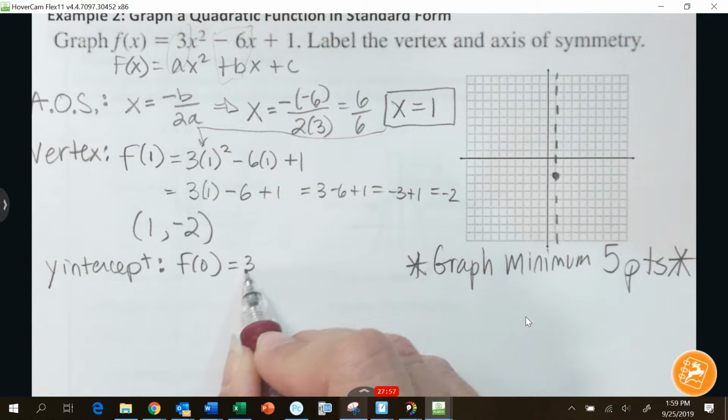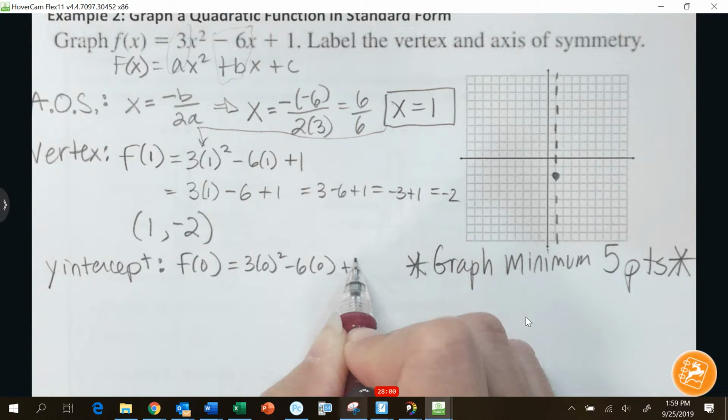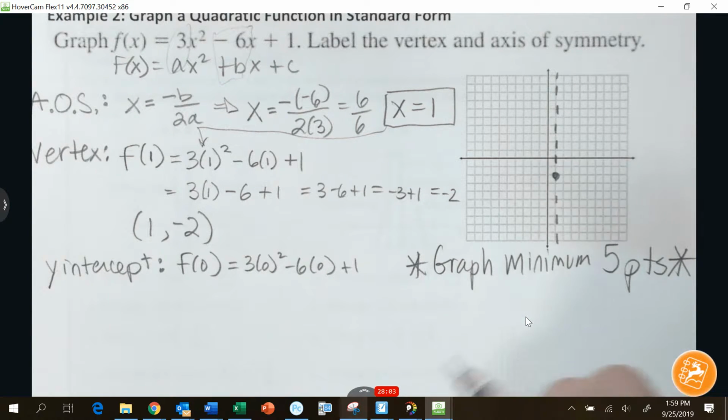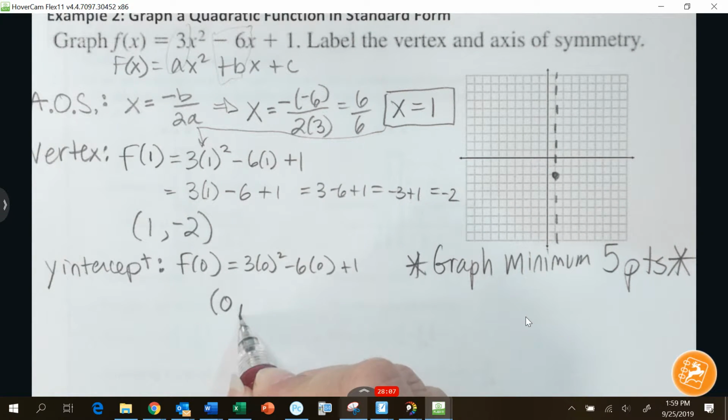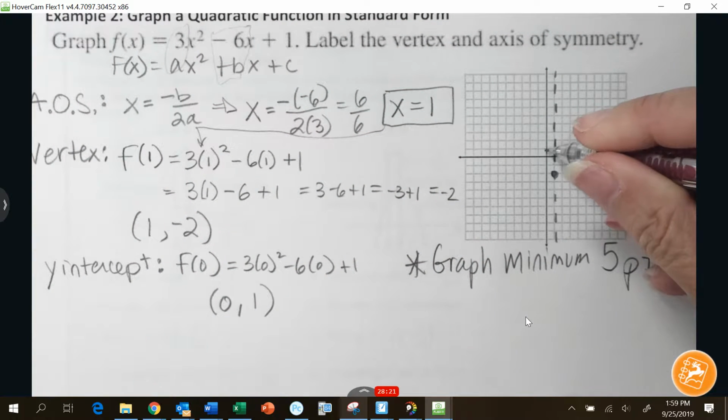So it's like 3 times 0 squared minus 6 times 0 plus 1, which, if you paid attention to the formula above, is the c value, 1. But even if you don't remember 0c, I still got it by plugging in 0. So my y-intercept is at 0, 1.